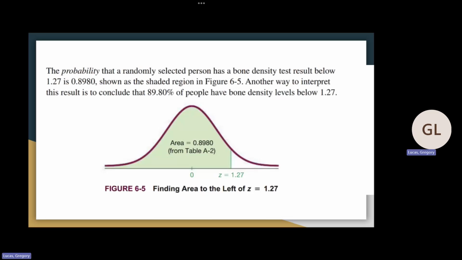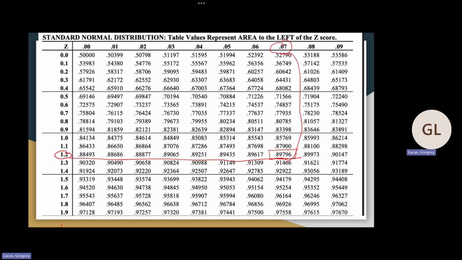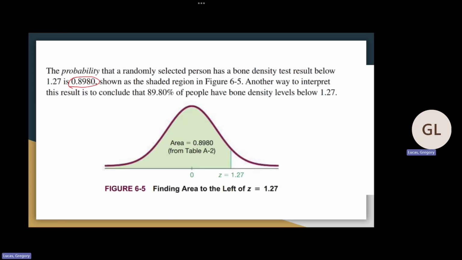Right. So here's another representation of it if we draw it out. So the probability that a randomly selected person has a bone density test result below of 1.27 is this number we just saw on the table. It's just rounded here, same exact value. If we go back, we're just rounding that 7 to an 8. Same number.